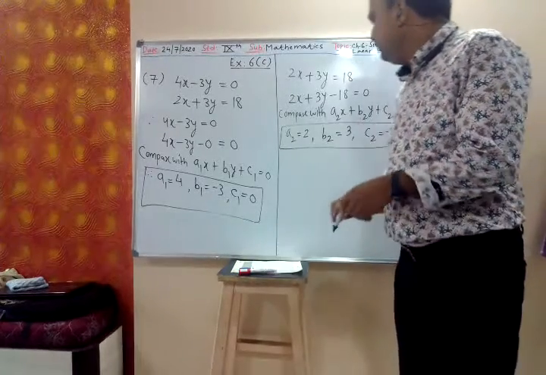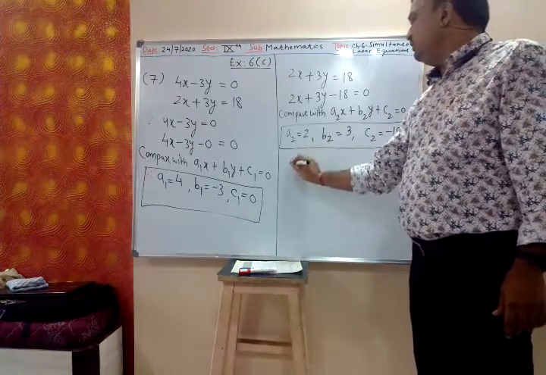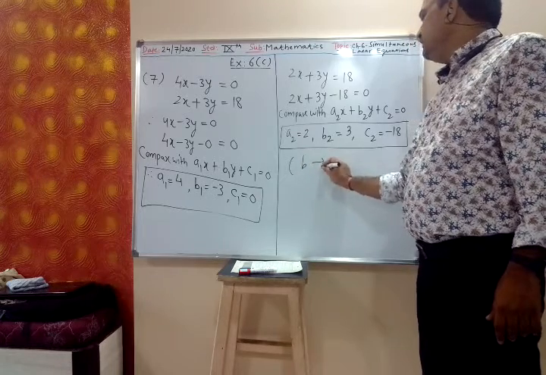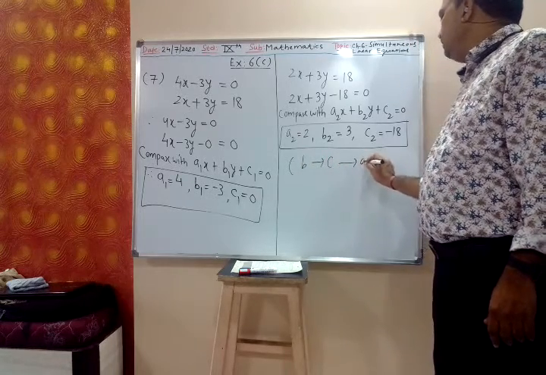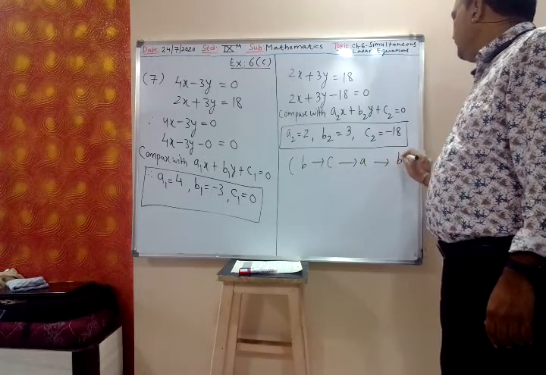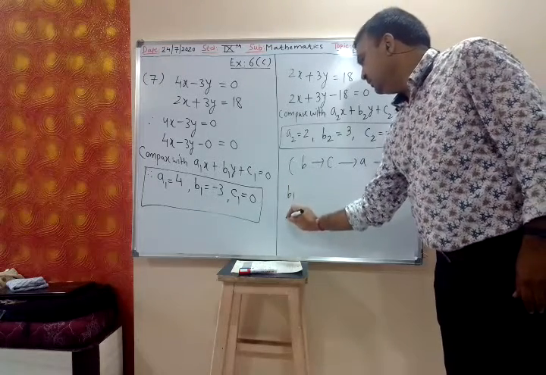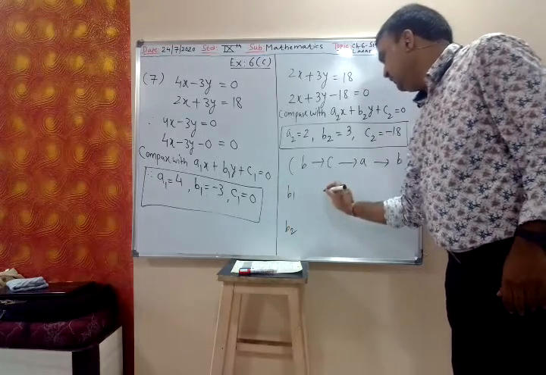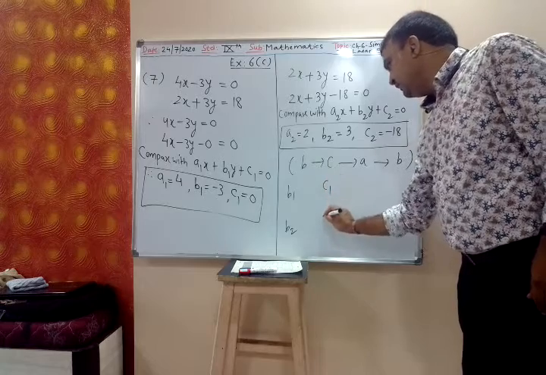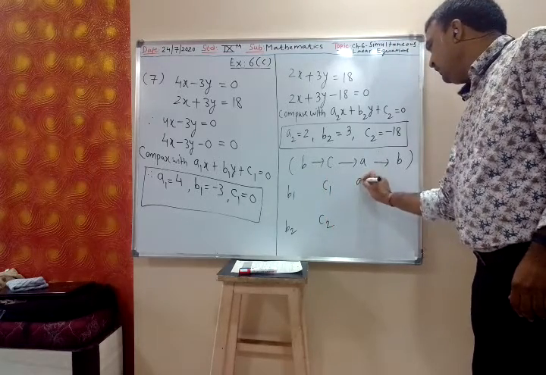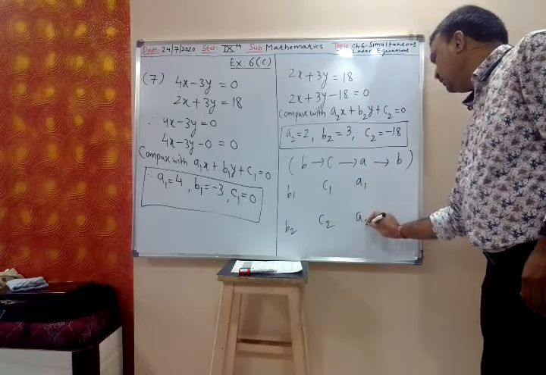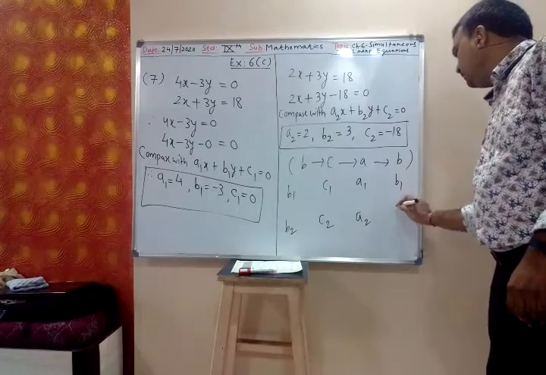Now we apply the cross multiplication method. This order you have to remember: b, c, a, b. For b we write b1, b2. For c we write c1, c2. For a we write a1, a2. Again for b we write b1, b2.